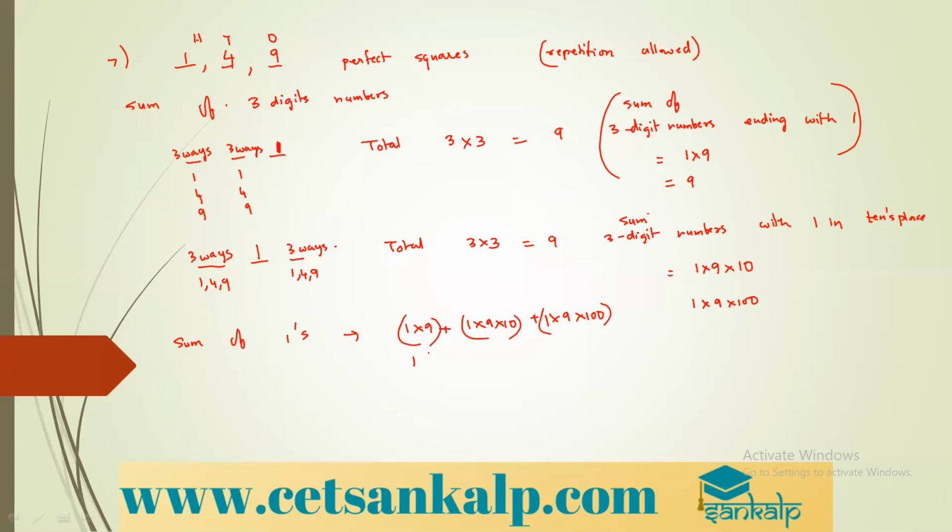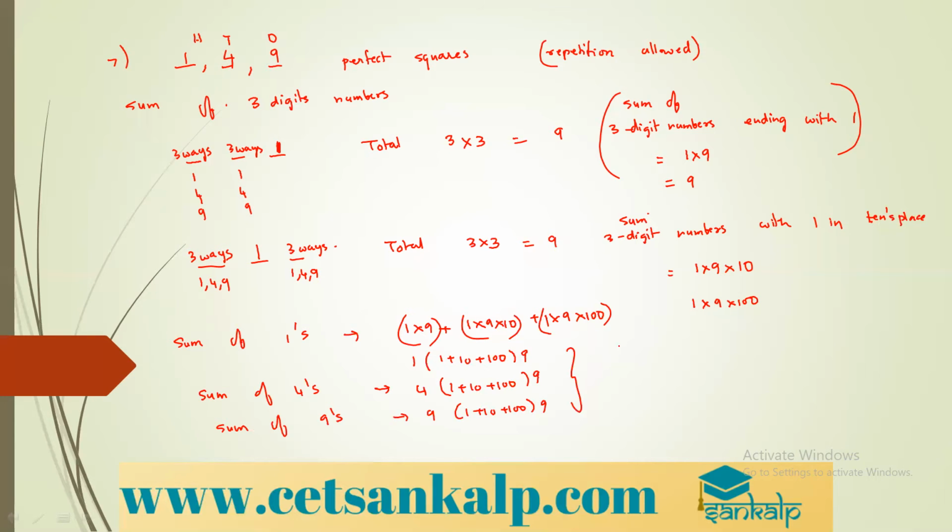I will take 1 common, I will take 9 common. Then what do I have? 1 plus 10 plus 100. Similarly, for the sum of all fours, I'll take 4 common and 9 common, 1 plus 10 plus 100. Similarly, the sum of all nines, 9 common, 1 plus 10 plus 100 into 9.